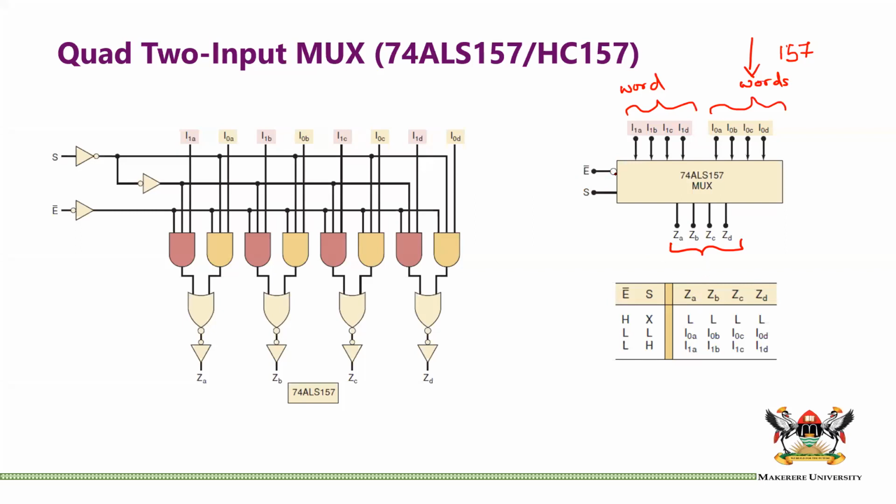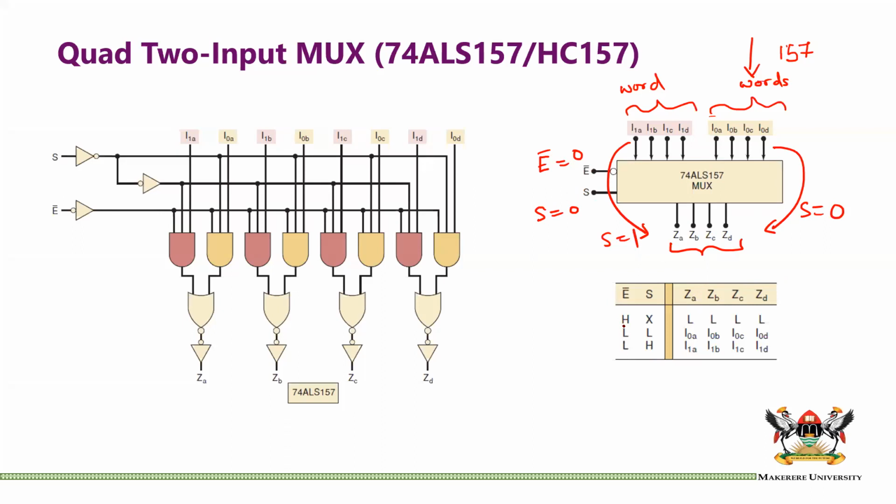So you have enable, and enable needs to be 0, because if it is not 0, then you are in problems because you cannot multiplex. Now, if S is 0, then this input will go to the output. In this case, S is 0. And if S is 1, then that input is going to go to the output.